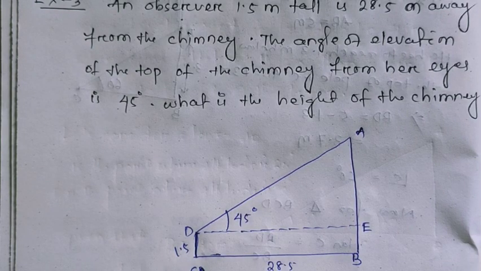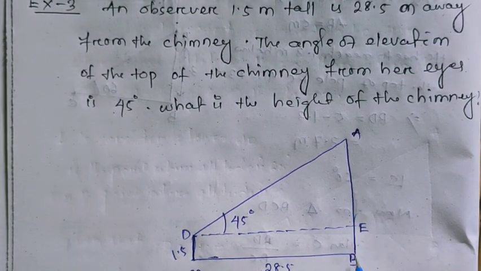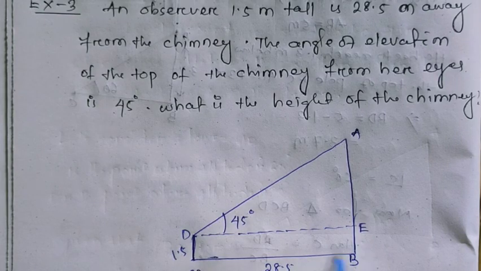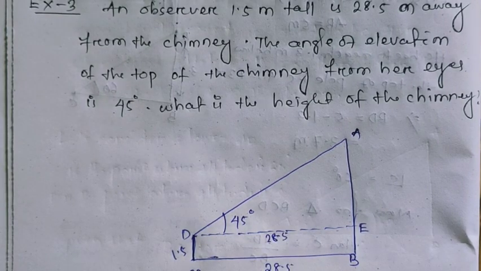He is 28.5 meter away from the chimney. If the chimney is here, AB is the chimney, this is your BC. Your BC will be 28.5. Ultimately, DE will be 28.5, right?